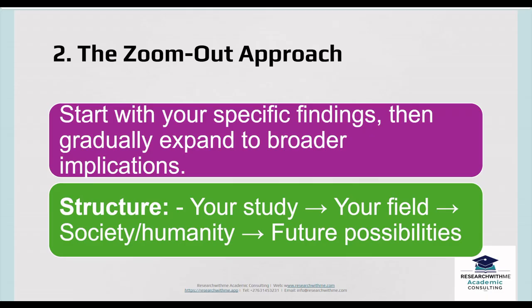But in this case, the second style we're talking about is you zoom out, meaning you start from the findings. Then you state the implication on how they are able to meet or fill the gap that you identified. So you start from the study, what exactly it is all about, then how it resonates with your field, then humanity generally, and future possibility. This is very common in health science or life sciences.